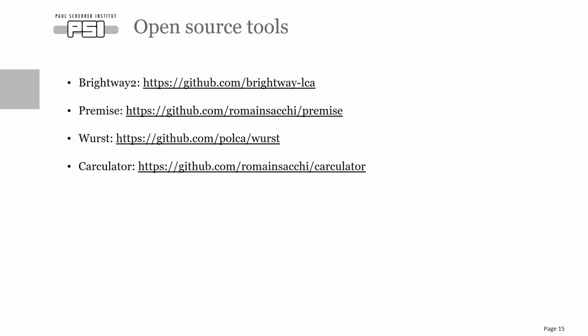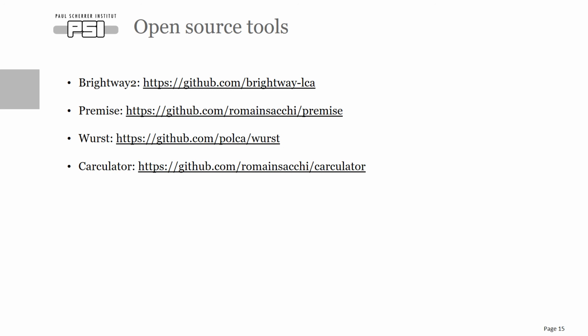Finally, all the tools we develop are open source. Here are a few I mentioned. So I mentioned Brightway 2, which was a tool mainly developed by my colleague Christopher Mutel. And then we have Premise, which was pretty much the point of this presentation, and Wurst, that you can also find on GitHub.